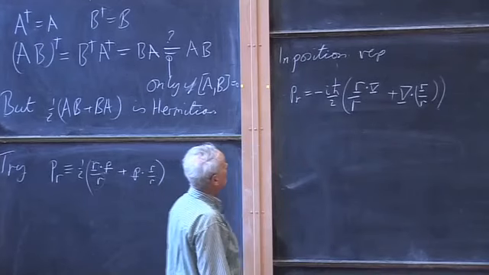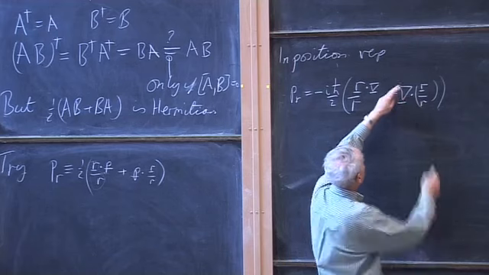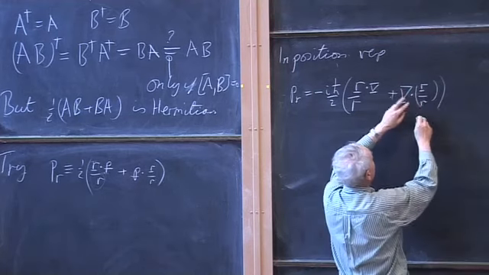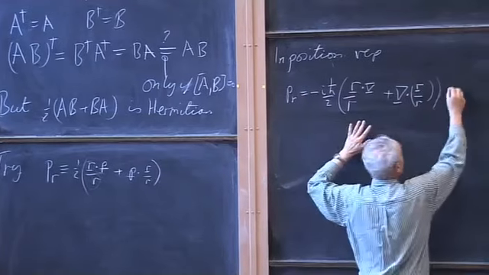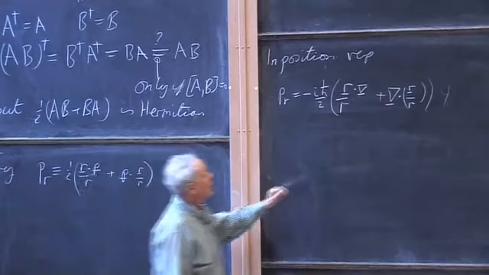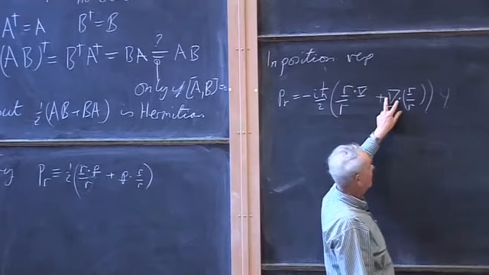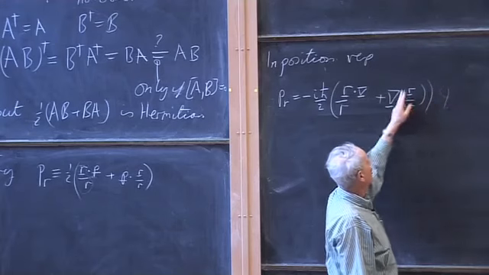Now, the issue is this isn't quite the divergence of. What this means is this is, remember, an operator. It's waiting for a wave function to come and stand in front and get operated on, right? So this differential operator operates on everything to its right. It operates on this, and it operates on these two.